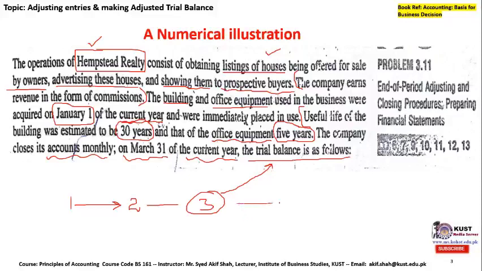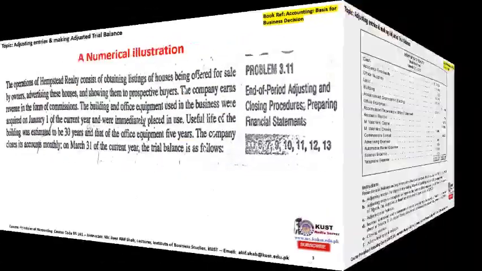They are expecting you to reach the 4th step, that is to have the adjusted trial balance after making certain adjusting entries, and to reach step number 5, that is to make the adjusted trial balance.